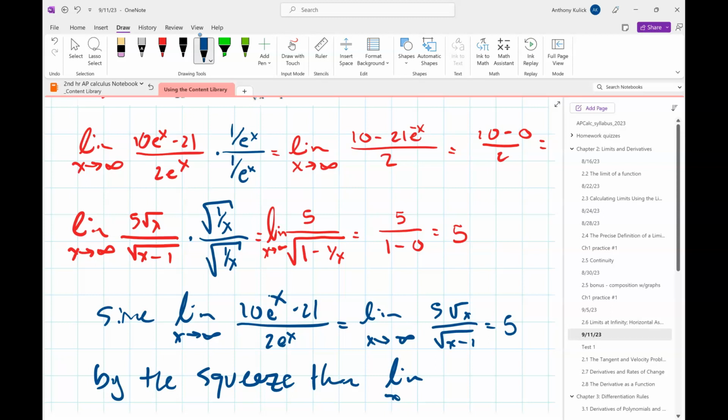The limit as x approaches infinity of f of x is also 5. So you just need that sentence to tie it all back together.